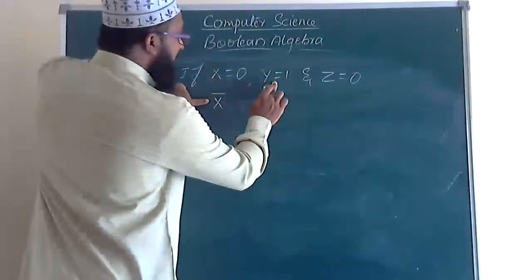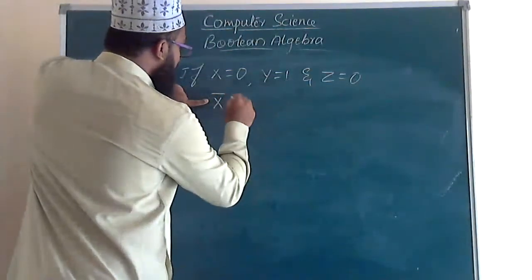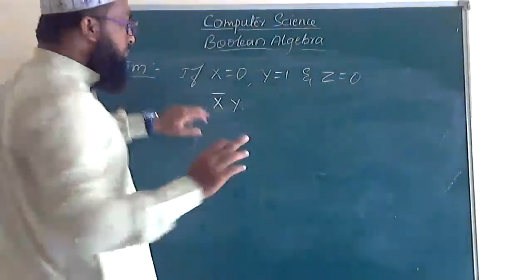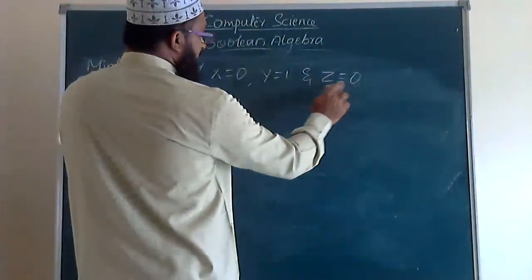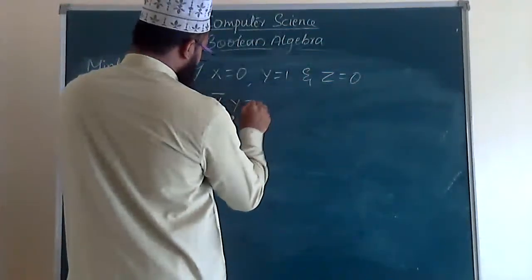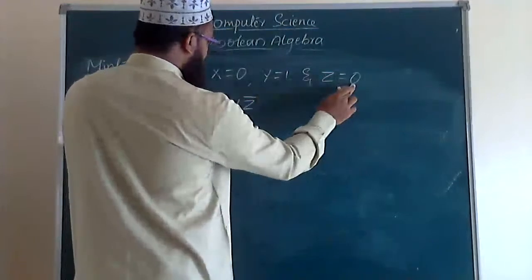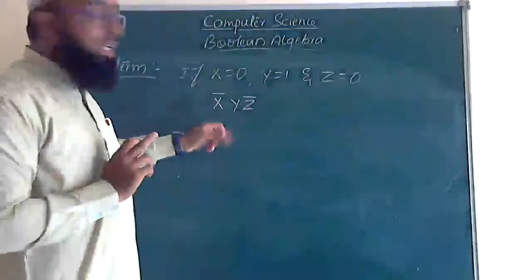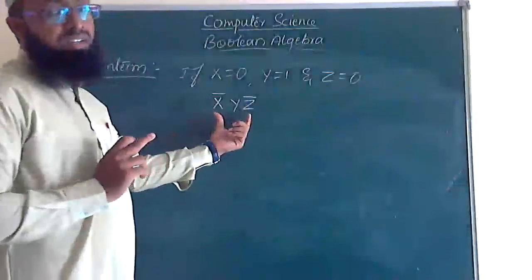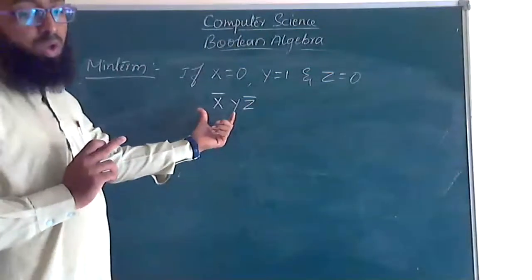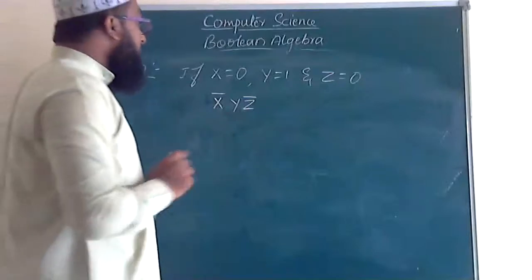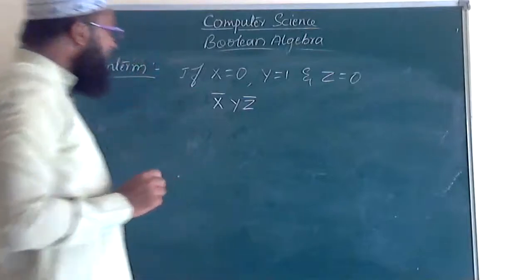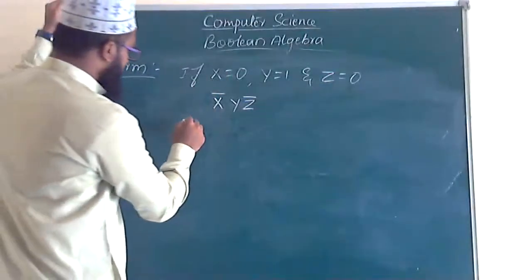If a variable contains 1, write down the variable as it is, don't put any bar. See the variable containing 0, which is z. If the value is 0, we have to write bar. Just like this, we can write down the min term of any expression. And in the same way, I will change the values for this.